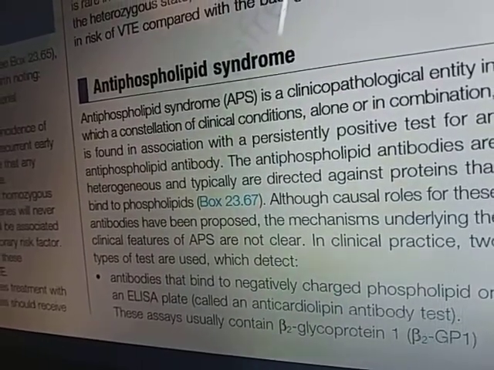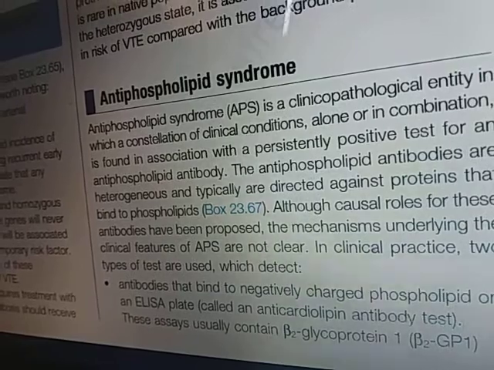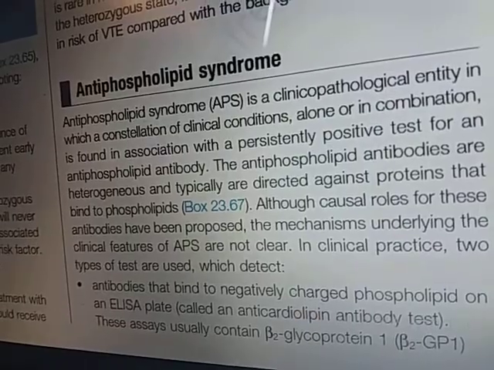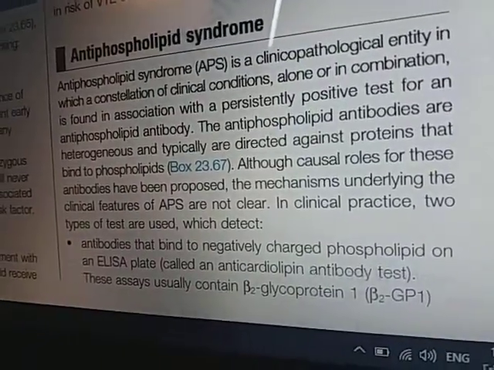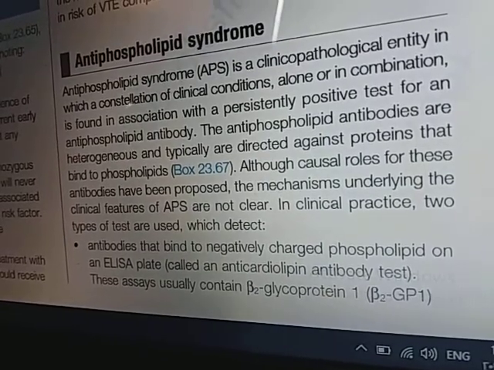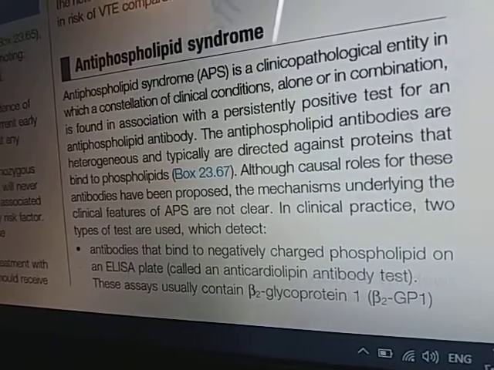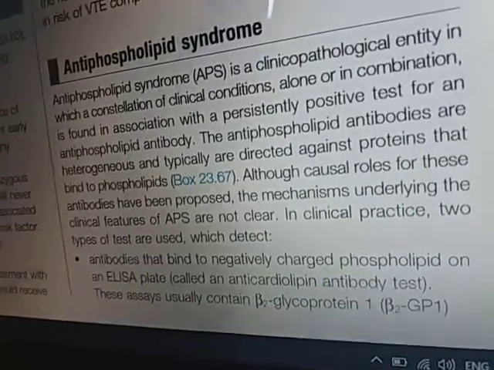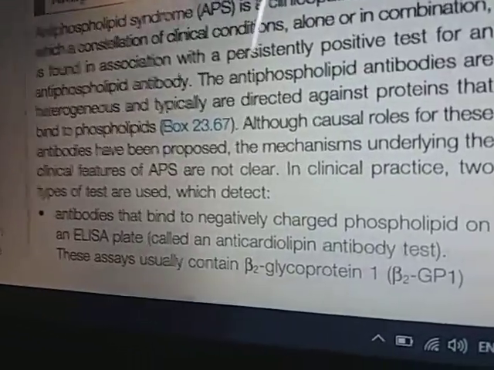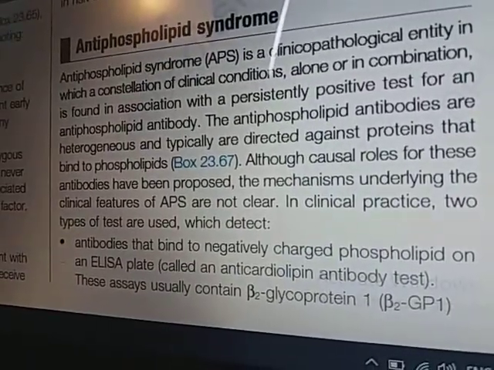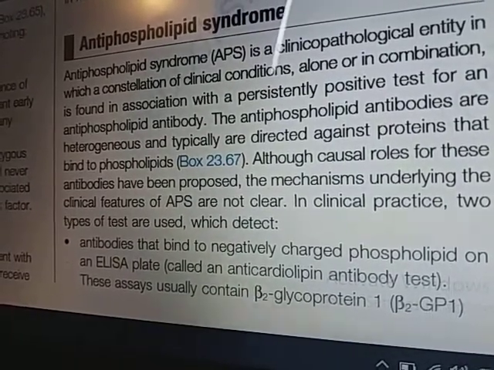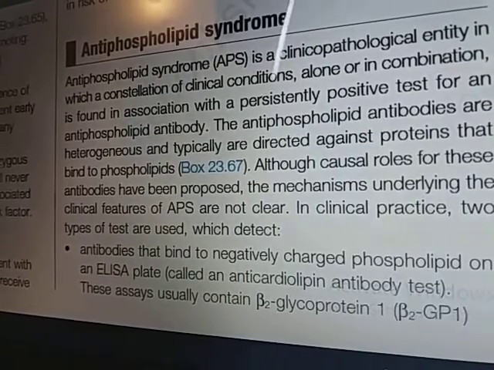Now, the management of antiphospholipid antibody syndrome. In asymptomatic patients, there is no need for treatment apart from anticoagulant therapy during periods of high risk, like pregnancy or operations.